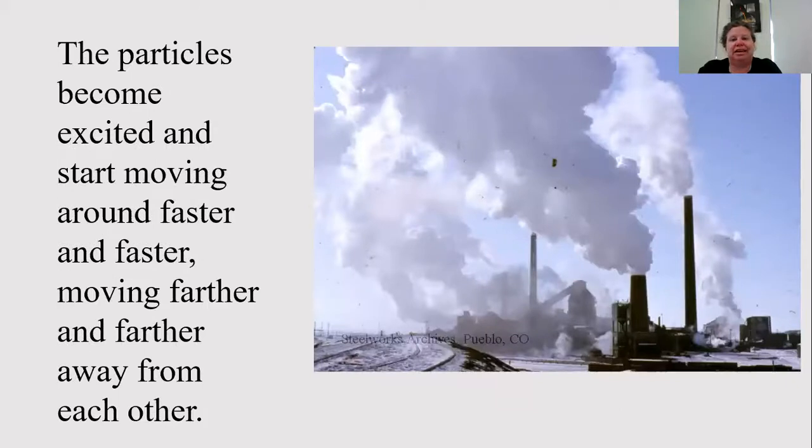So as you can see here, the particles or the atoms become excited and they start moving around faster and faster. When they do that, they tend to move further and further away from each other. Just like you see the smoke in this picture coming out of those smokestacks. It's moving farther and farther away from each other.